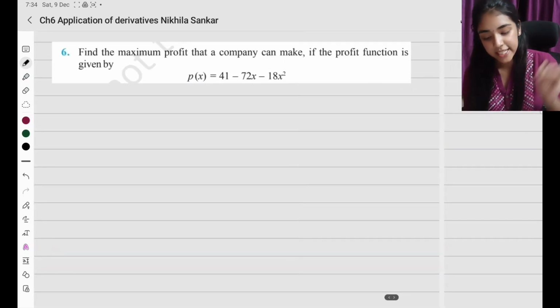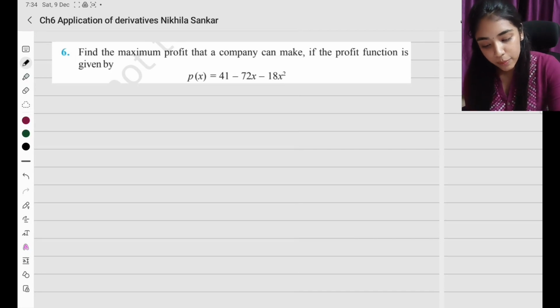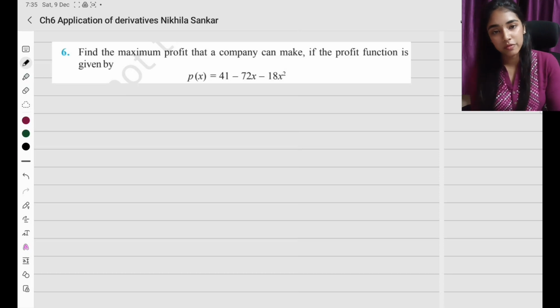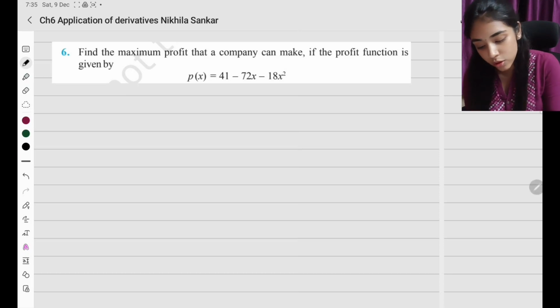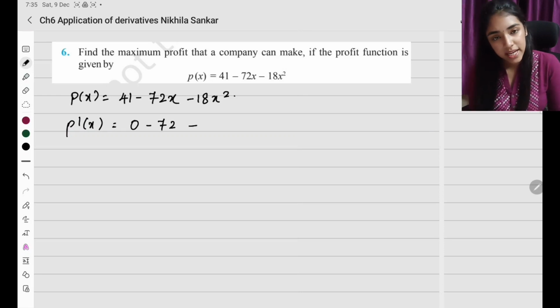Question number 6. Find the maximum profit that the company can make if the profit function is given by this particular thing. Okay. Now for maximum profit, we are going to differentiate profit. So I have p of x equals 41 minus 72x minus 18x square. Now p dash of x is going to be 0 minus 72 minus 18 2s are 36.